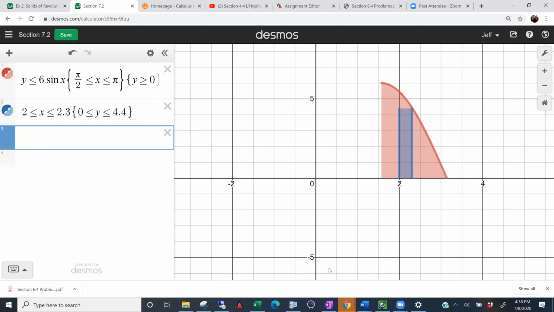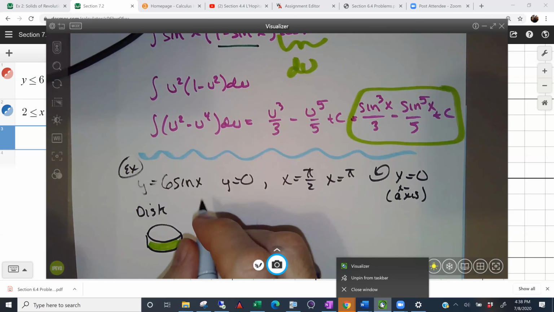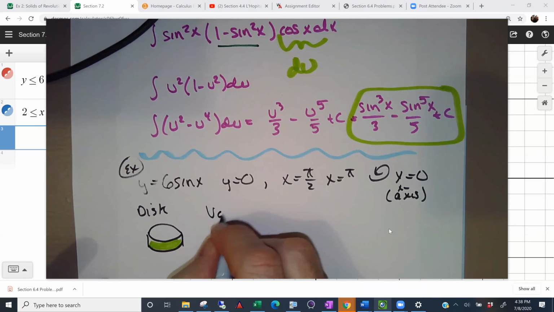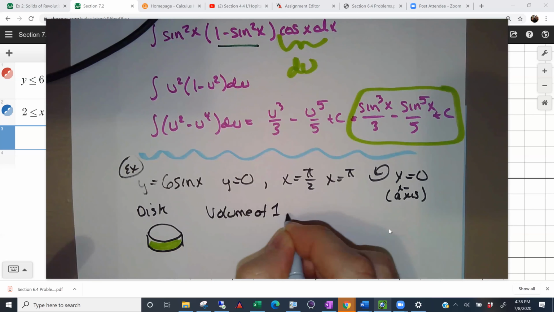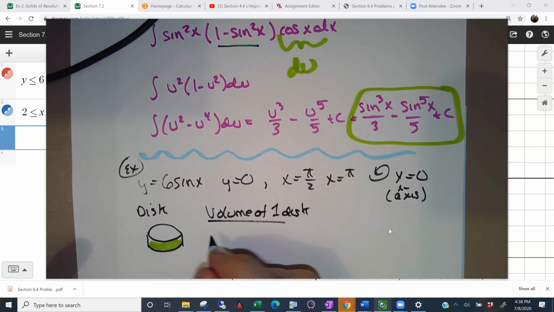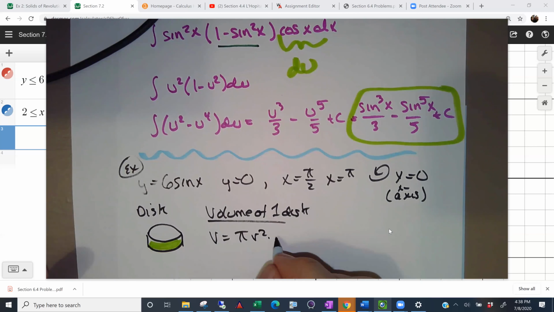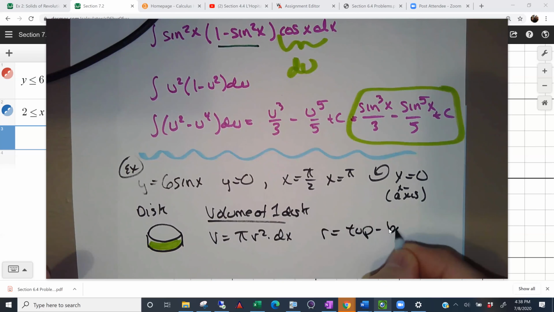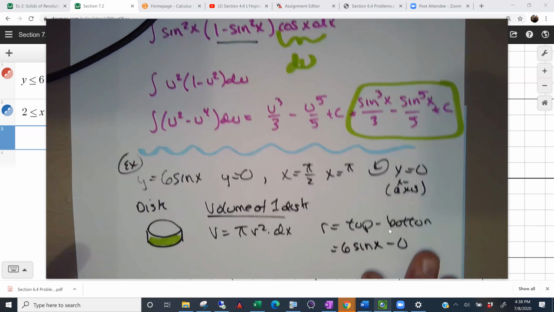So, okay, let's find the volume of one disk. Volume is area times the thickness, so pi r squared times the thickness, which is going to be dx. The radius is going to be top minus bottom. The top of the function is going to be 6 sine of x. Bottom is going to be 0.